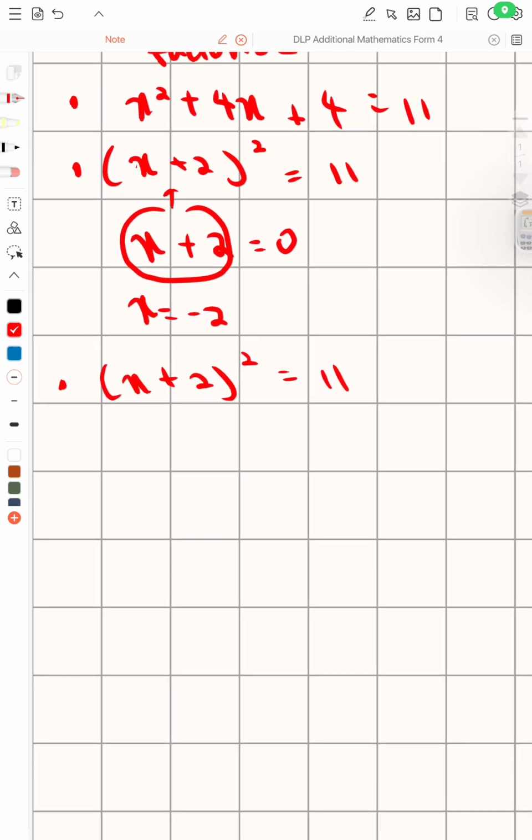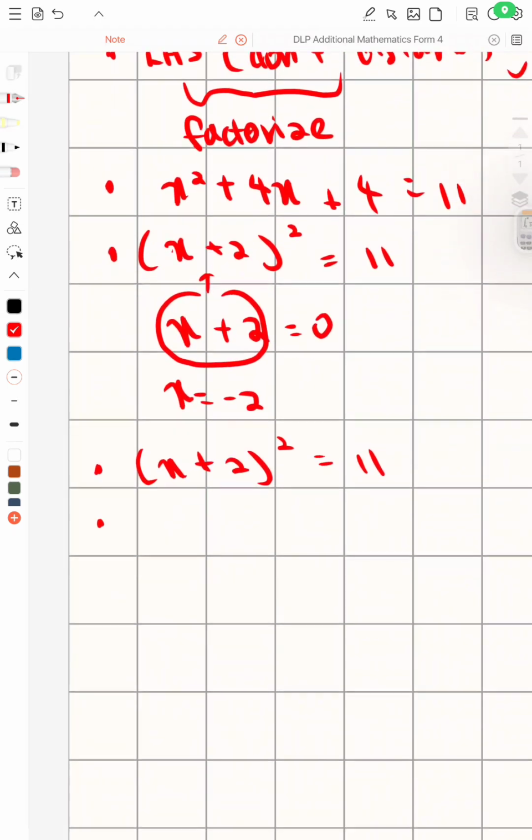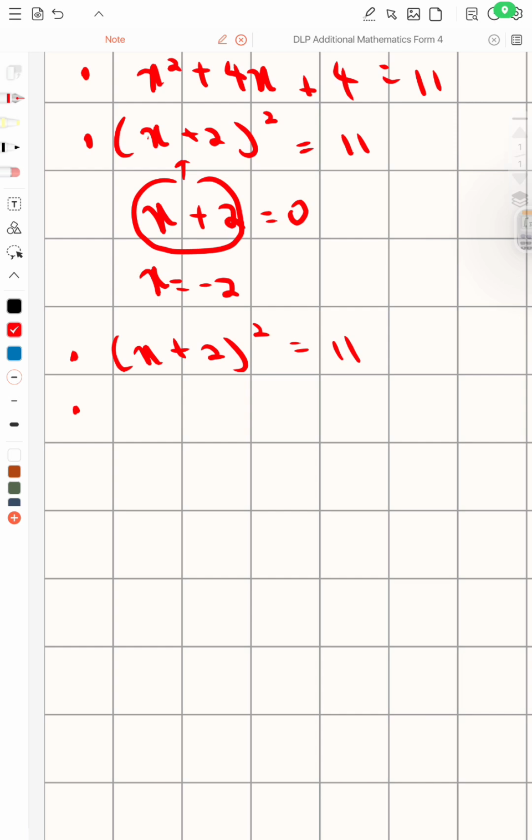But in this case, we're trying to find the roots of the graph. So you need to move the square into the right hand side. So what will happen if you move the square? You will have square root of 11.